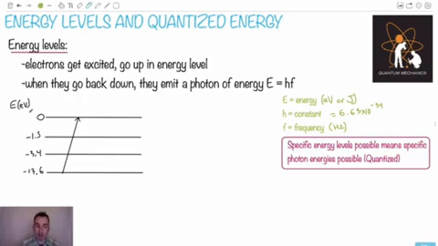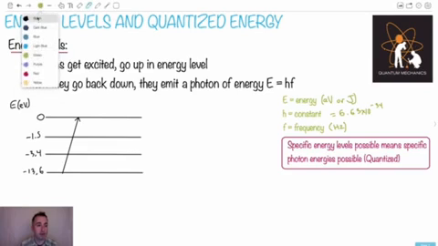So let's say, for example, we have an electron that gets excited, and don't worry too much about negatives as far as energy levels go. That's just a weird thing about the infinitieth orbit that gives you an energy of 0. So let's just assume something goes up like this right here. What'll happen is, when it drops down in energy, which will invariably happen, let's say it drops down to this one.